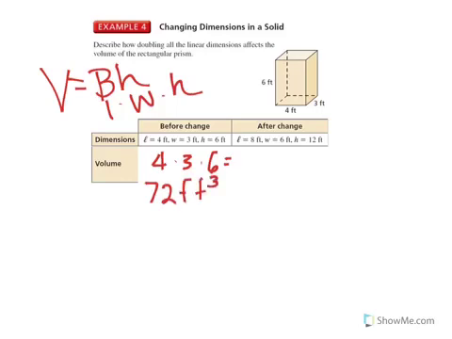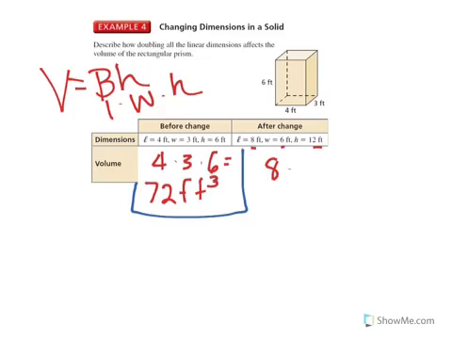Okay, let's do this after the change. After the change, we're going to double each one of them. That means the 4 becomes the 8, the 3 becomes a 6, and our 6 becomes a 12. We're still using our volume formula.